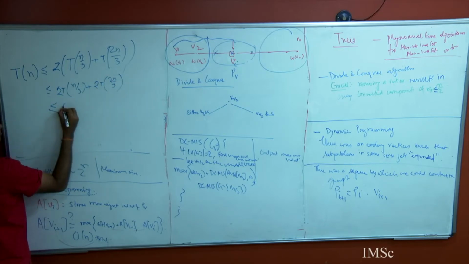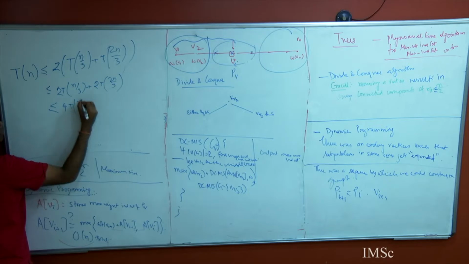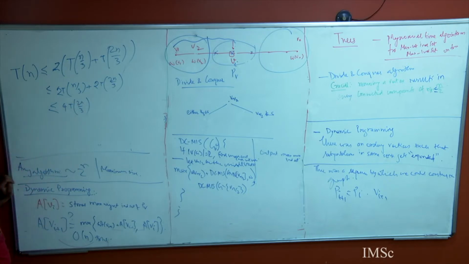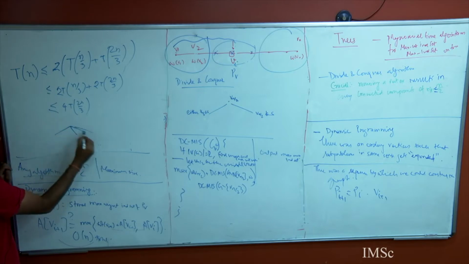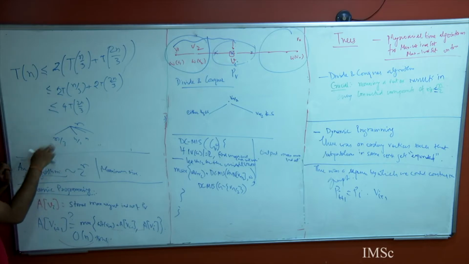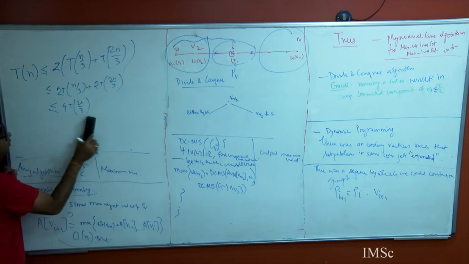In the worst case, this is definitely, so what is this? I think n to the power maybe 4 for sure. Think of it this way: I have n, I went to n by 3, and logarithmically I'm going down, and 4, something like that. So fine, this is poly.